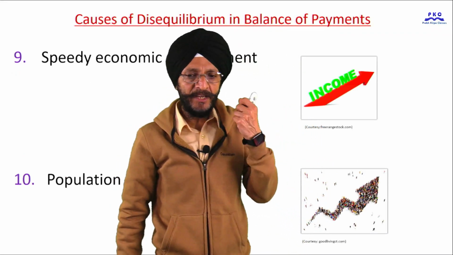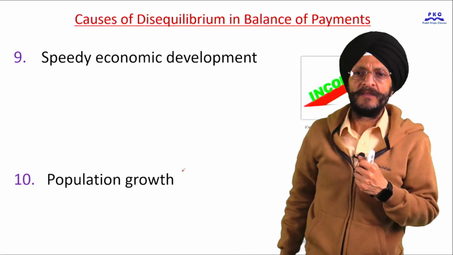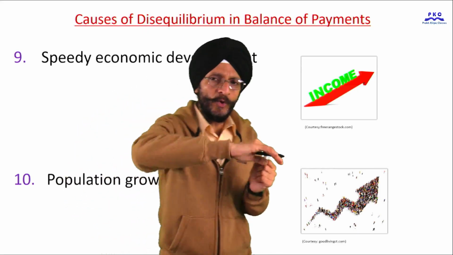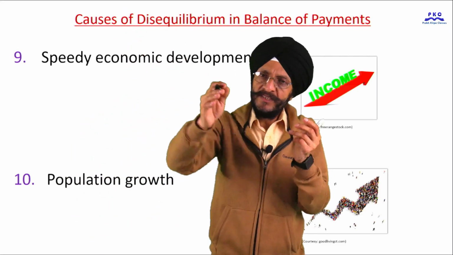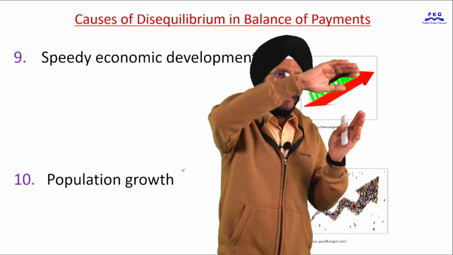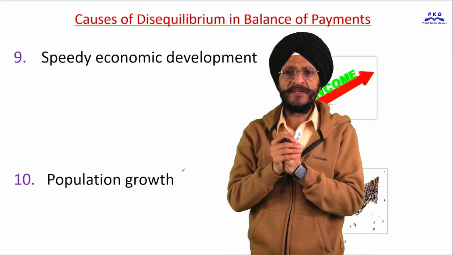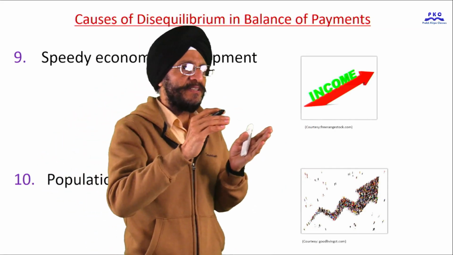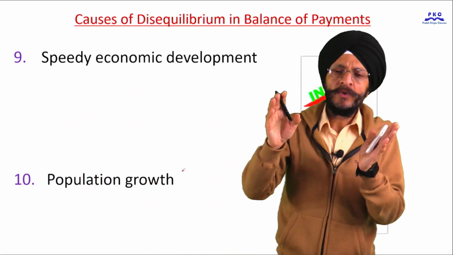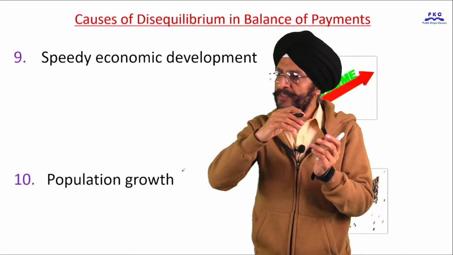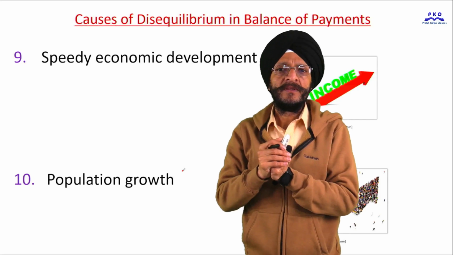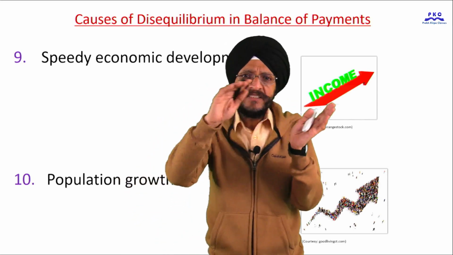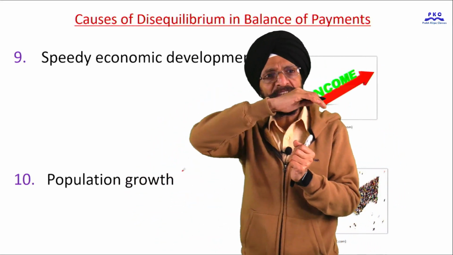Next point is speedy economic development. If a country is taking steps so that there is economic development in the country, the investment environment is proper, the government is taking proper fiscal and monetary policy steps, there is political stability, and there is ease of doing business in the country, then all these steps taken by the government result into speedy economic development.